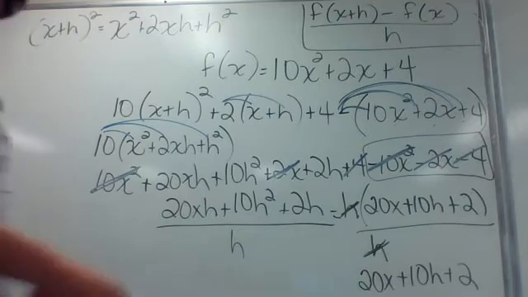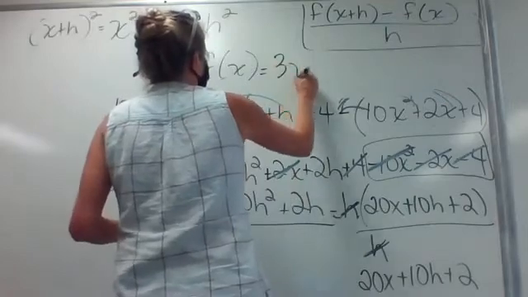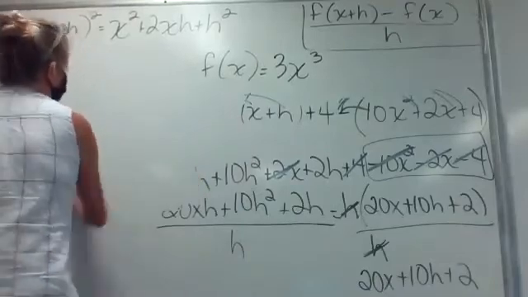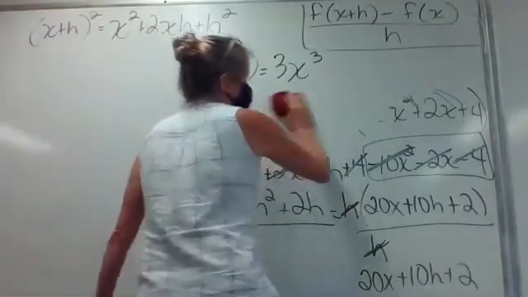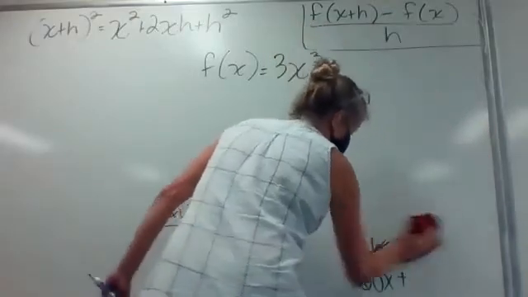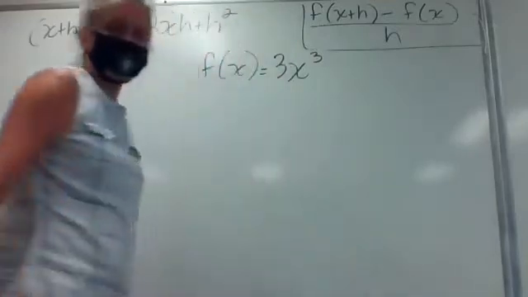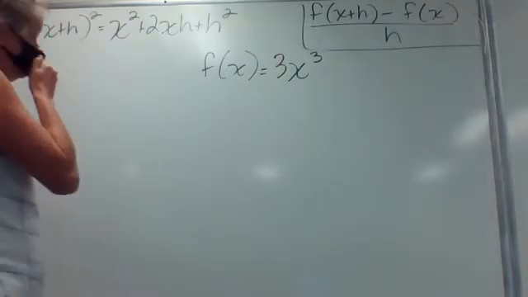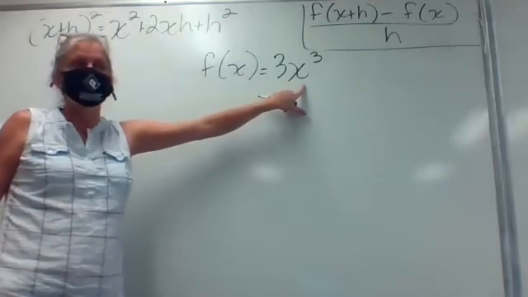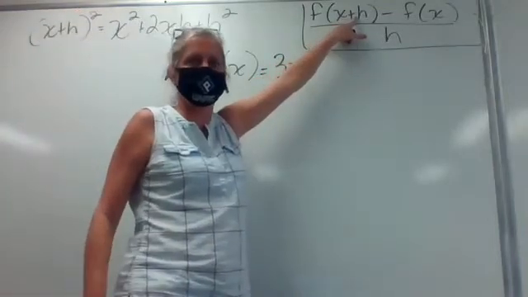F of x equals 3x to the third. So just like the last ones, the first step, I think it's only one term, is to replace this x with x plus h.